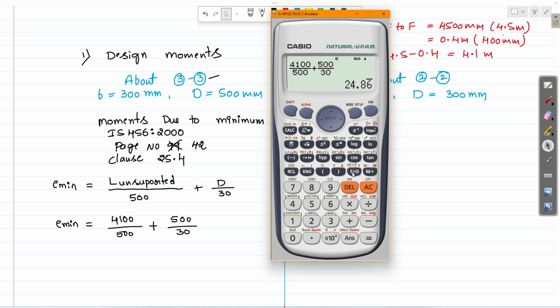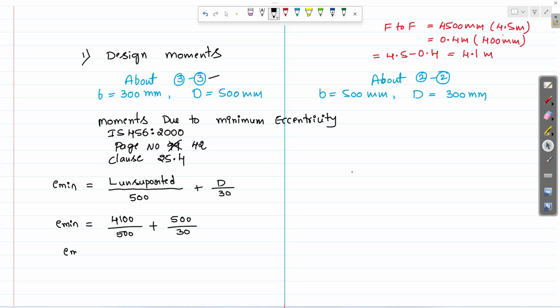So it will be 24.86 millimeter, which is greater than 20 mm.